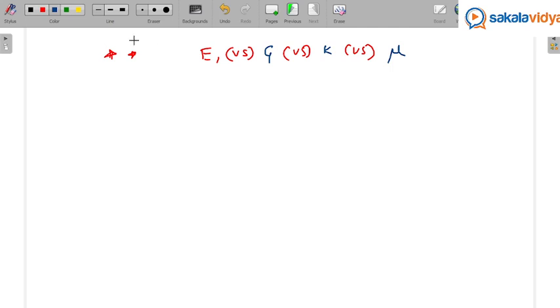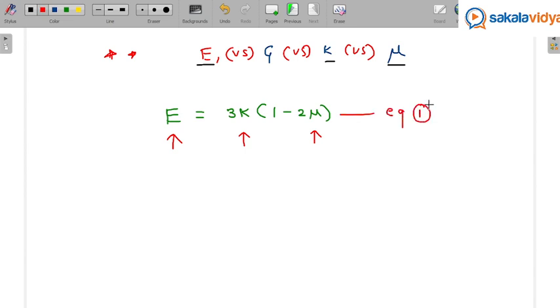So let us see the relationship between Young's modulus, bulk modulus and Poisson's ratio. Young's modulus is equal to 3 times bulk modulus multiplied with 1 minus 2 mu, where E is Young's modulus, K is bulk modulus, and mu is Poisson's ratio. Let us write it as equation 1.